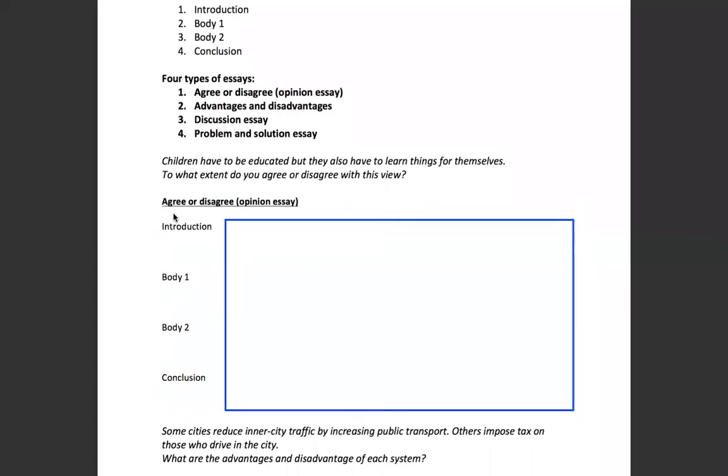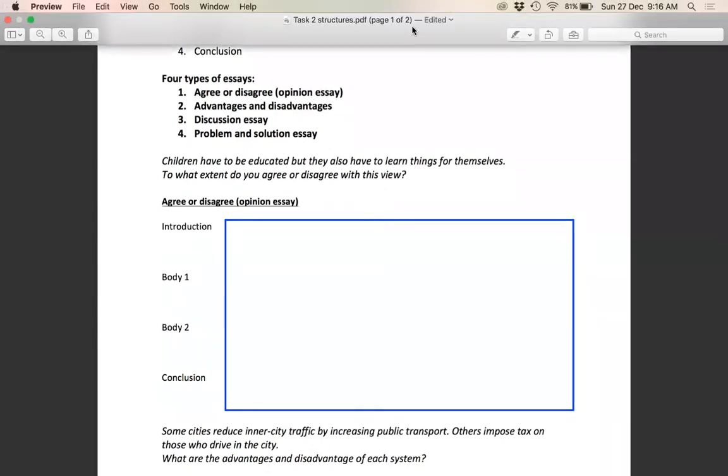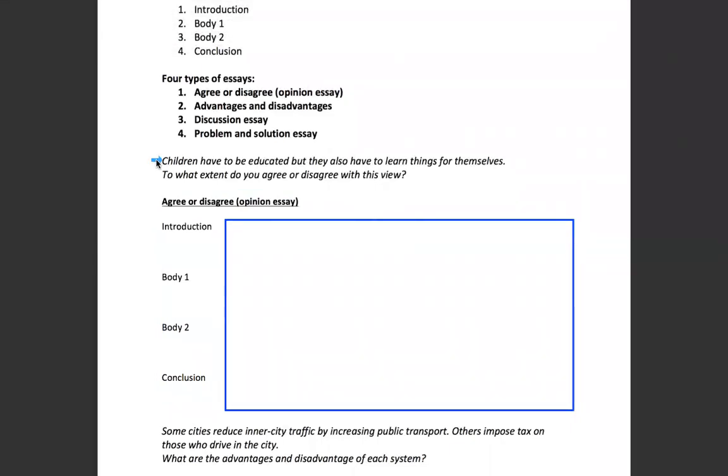So what type of information do we need to include in an introduction? What's the first thing that we should do? So this is the same as task 1. What's the first thing that we should do for our introduction? It has to do with this over here.